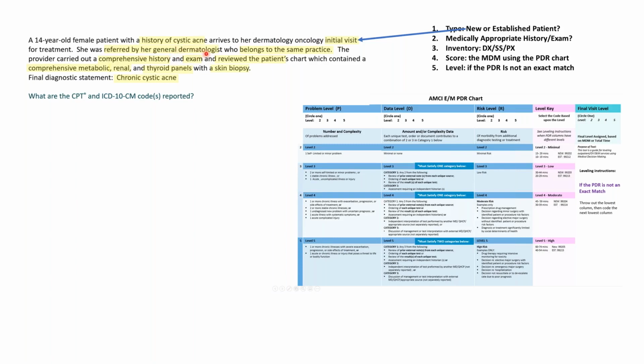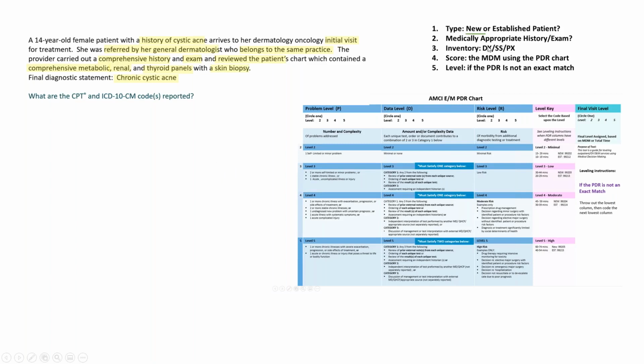There's no mention that this patient was ever seen by this oncologist. So therefore, if it's not documented, it didn't happen. So this is an initial visit. Now, if they were the same exact specialty and the same exact subspecialty, this would have been an established patient. I digress, but I'm back.